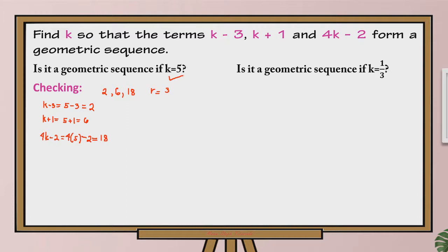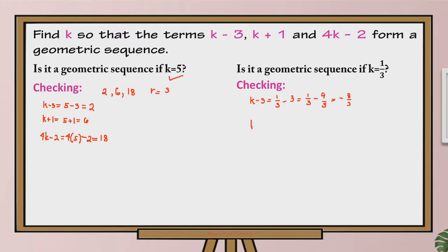Ngayon, we will now check if geometric sequence pa rin ba kung yung value ng k natin ay 1/3. So, for our first term, k minus 3, that is equal to 1/3 minus 3. So, gawin lang nating magkapareho ng denominator. Negative 8/3.